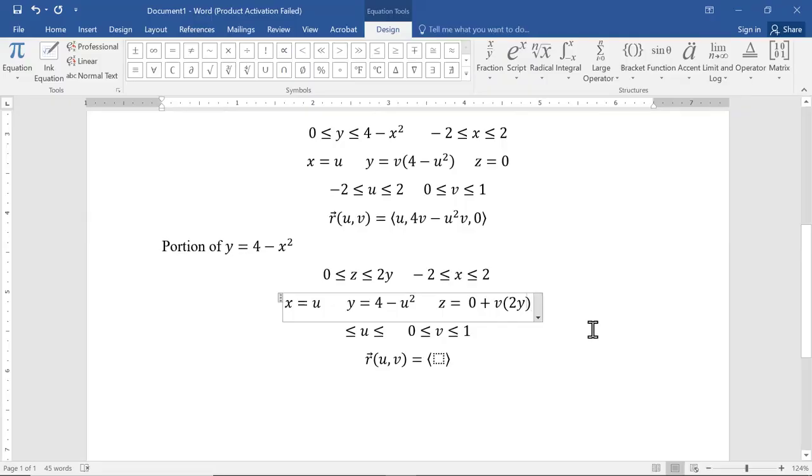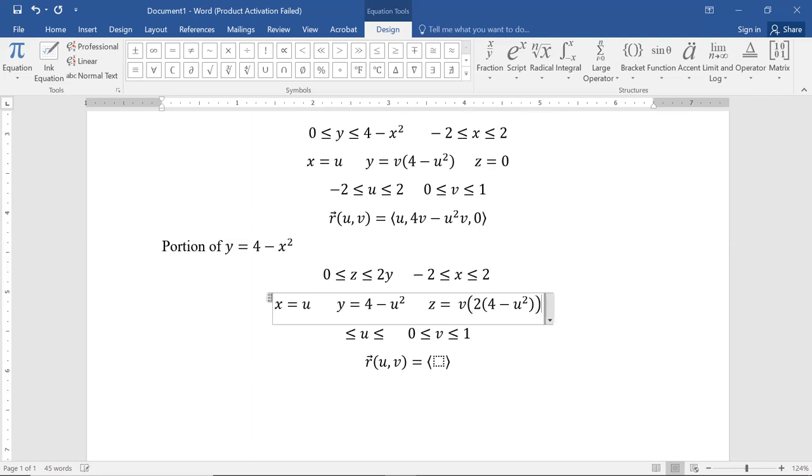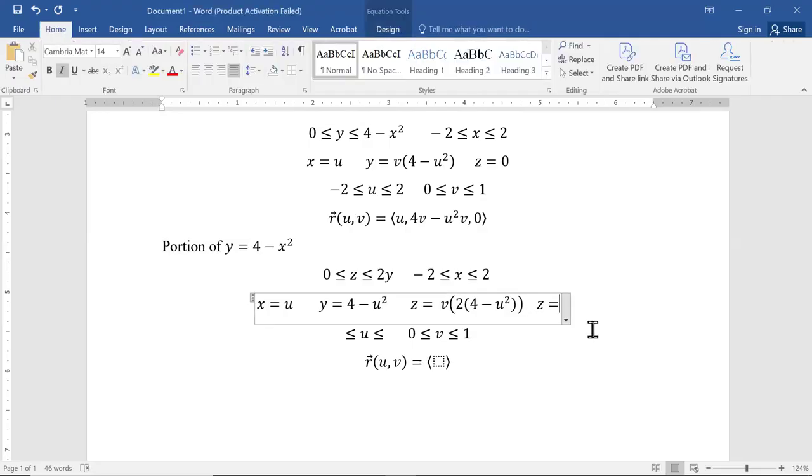Now, if you think about that, I just get v times 2y, but recall y was 4 minus u squared. When I multiply that all out, I get z is equal to 8v minus 2 times u squared times v.